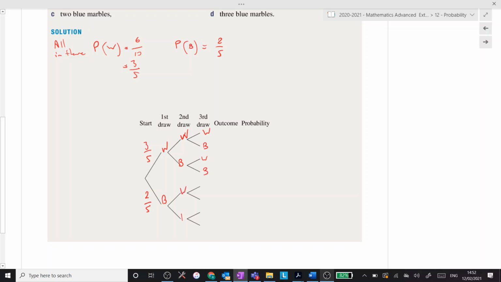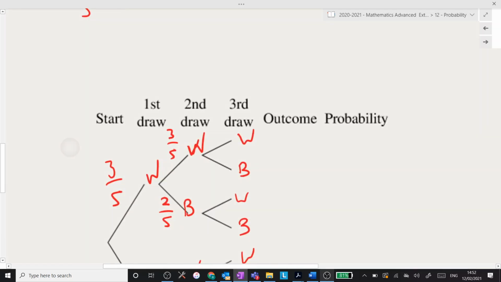So I'm just going to label all these now. When you pull out a white, because you're putting it back, there is no change to the probabilities because there's still 10 in there. And if you do it again a third time, we're still going to have 3 on 5 and 2 on 5. Does that make sense?